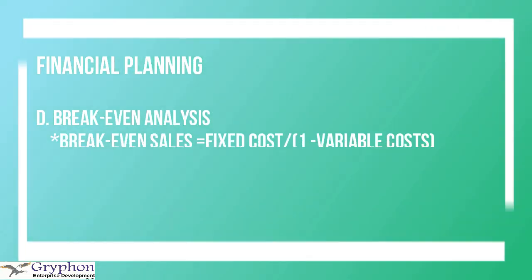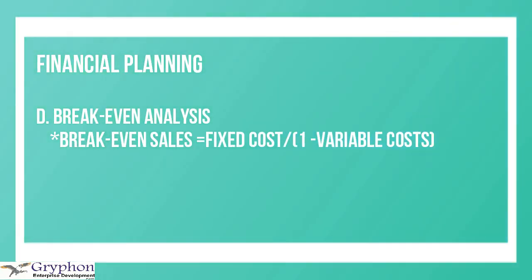How you think about a fixed cost is, what is the cost left in the business without me having a sale? You're going to have to carry that cost until you get a sale, or you're going to carry that cost even if your sales are inadequate. So basically it's your fixed cost divided by 1 minus your variable cost as a percentage.